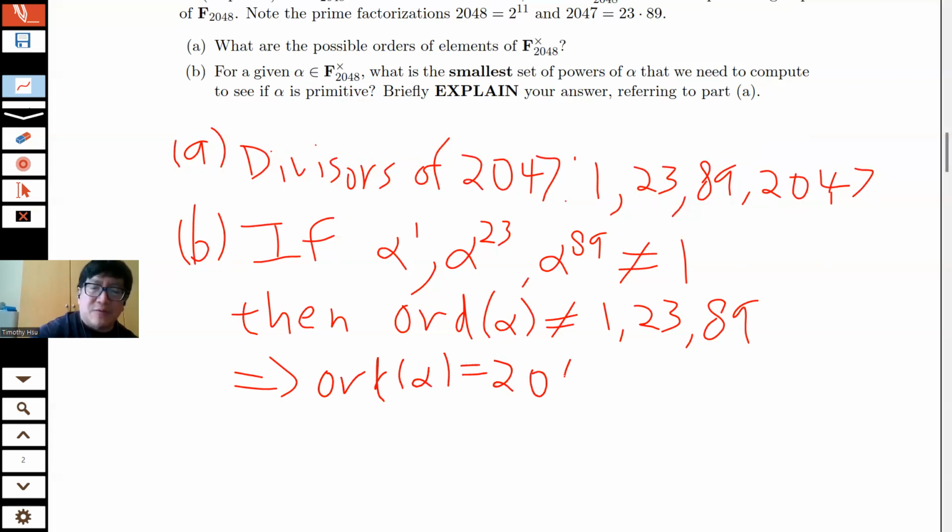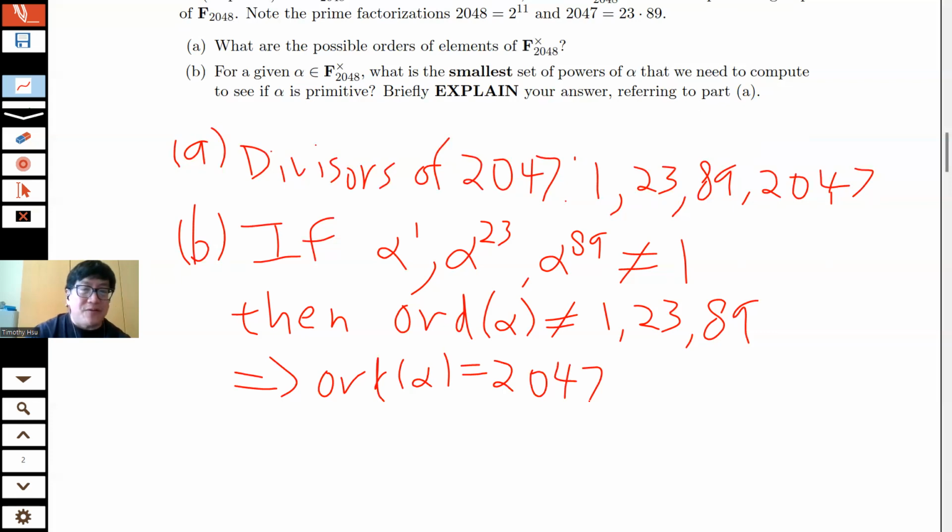And this is the sort of thing we did in class. What exactly do we have to do to figure out that a particular element is primitive? All you have to do is compute the powers up to the largest divisor of q minus 1 that's not q minus 1 itself.